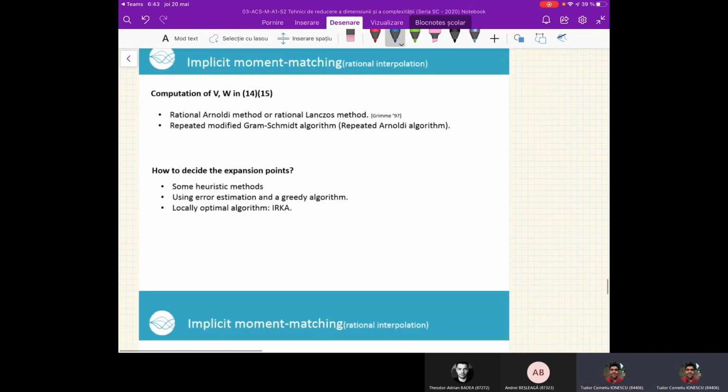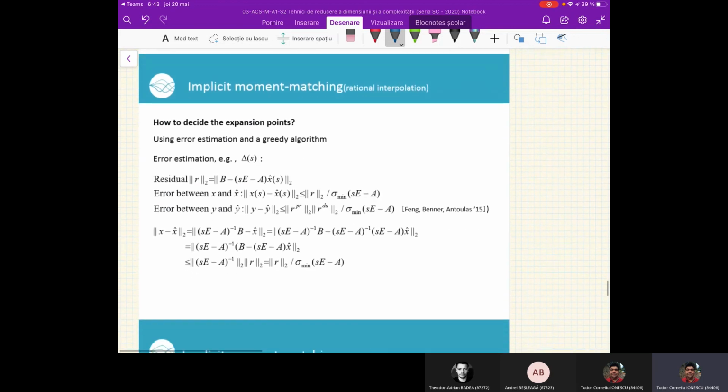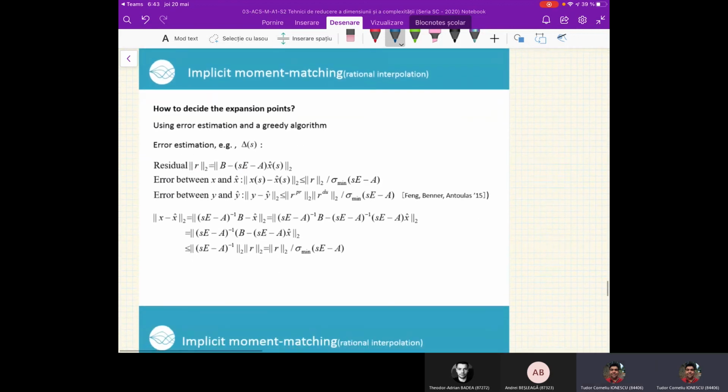All right. Now you get here. How to decide expansion points? This is an important problem. There is no systematic way at this point to select your interpolation points. Essentially, this is a procedure based on trial and error as well as engineering experience.